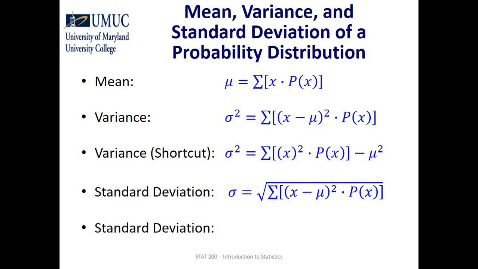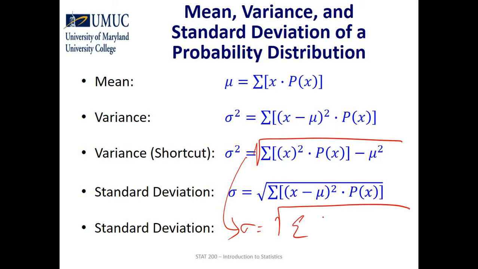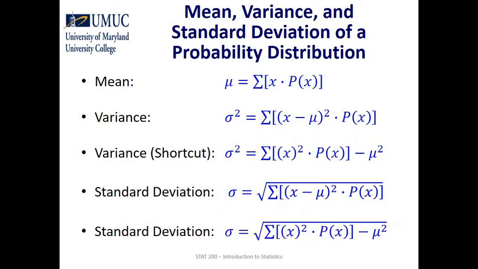And then the same thing for the shortcut formula. I'm just going to take the square root of that, put it down here. So I have sigma is equal to the square root of the summation of x, that term squared, times probability of x, minus mu squared.